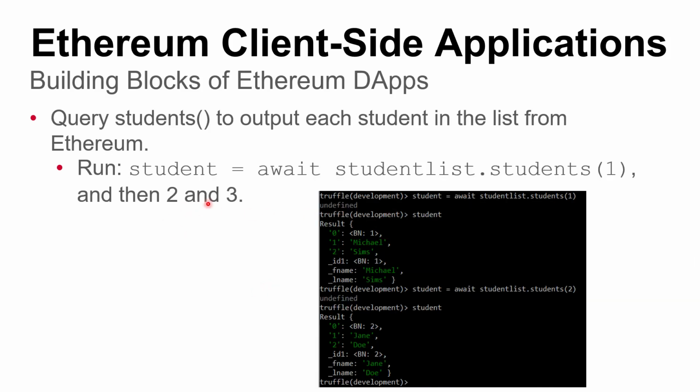And we can see here we can return information on student 1, student 2, and student 3. So we ran the student list here and it's returning information. So we're actually interacting with the smart contract right from the console. So this is querying output from our smart contract.